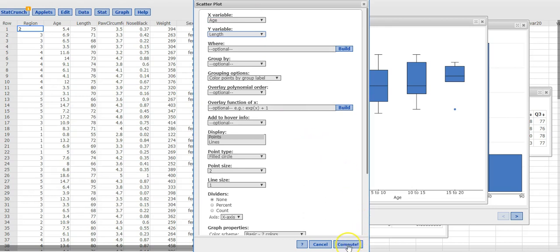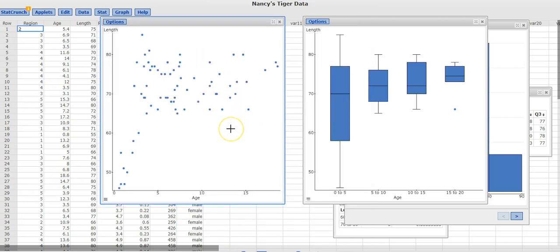I don't want to do any binning, and it shouldn't ask me to. This is a scatter plot. What this does is that for every row in my data, it's putting together an age and a length, and then it's using that to plot a point. So here's one point. This is one tiger that had a length of 78 and its age was 10.9. So that's actually the point. The X value for this point is the 10.9 and the Y value is the 78.